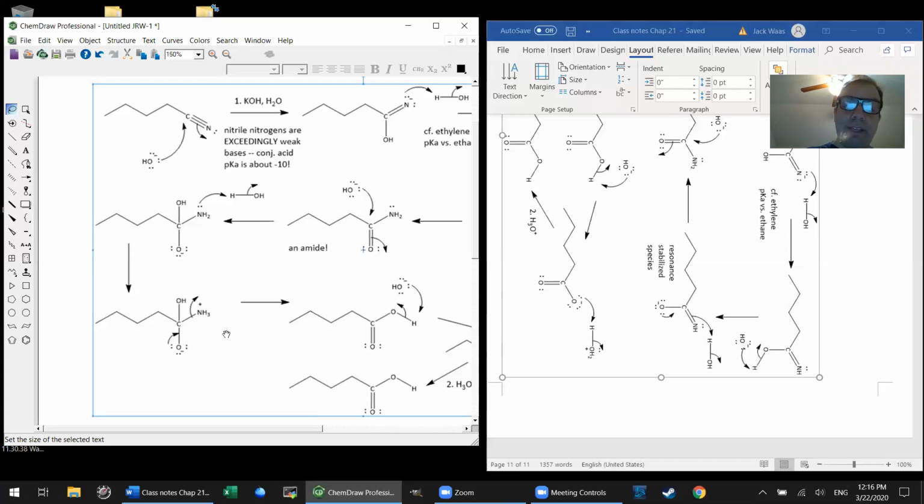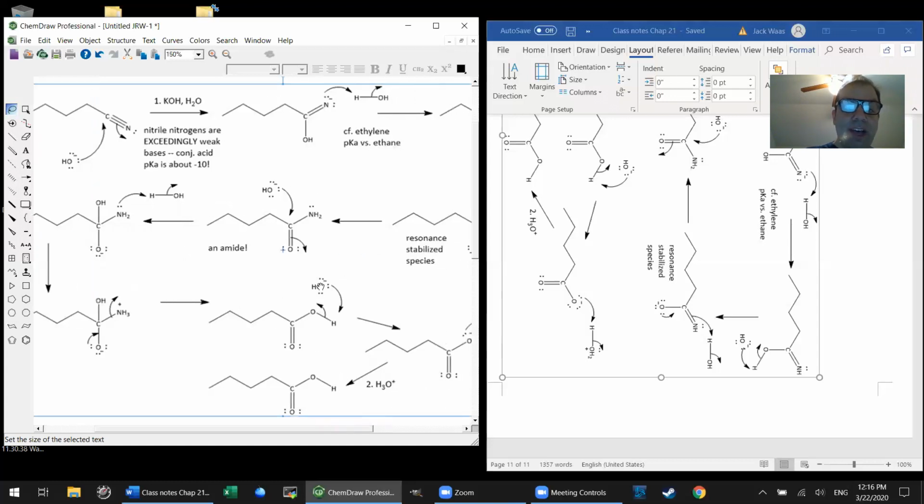Either way, we will quickly lose a molecule of ammonia. We'll form our carboxylic acid, and then just like before, our base will very quickly deprotonate our carboxylic acid. There's no way to stop that. All of this happens in the same alkaline solution. So again, we have a numbered synthesis, so to speak.